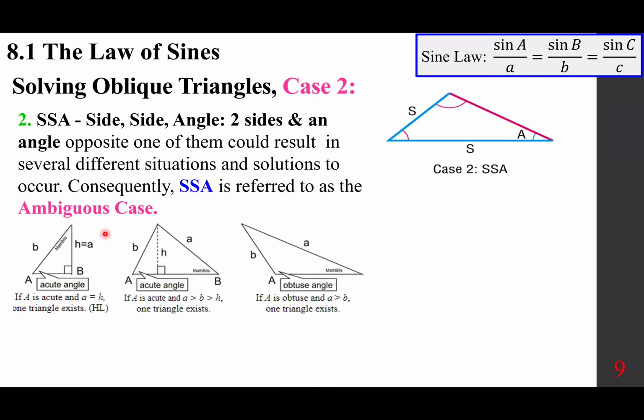Well, in this case, if A is acute and a is equal to h, the height, one triangle exists. In fact, it's a right triangle.